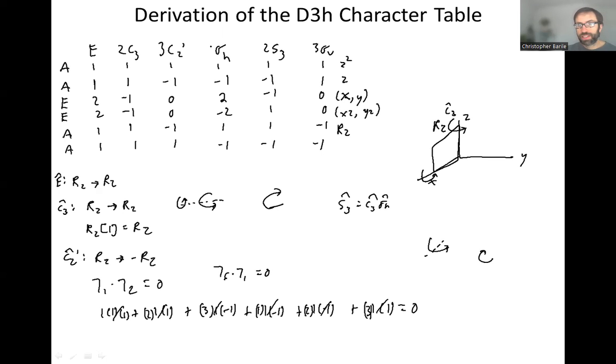So with these D3h point groups, when you have a sigma h, you're going to use primes and double primes. You use prime if you're symmetric with the sigma h, and you use double prime if you're anti-symmetric with the sigma h. So if you have a positive value here, you're going to be a prime. If you have a negative value here under sigma h, you use a double prime.